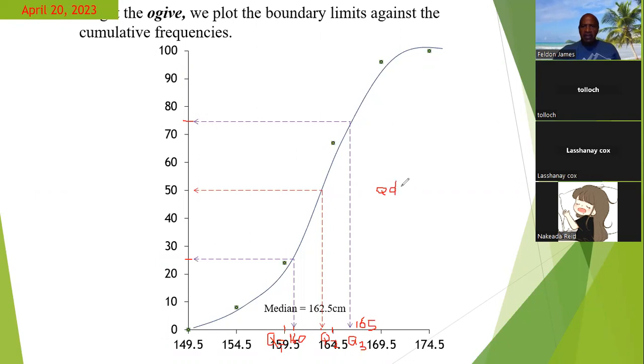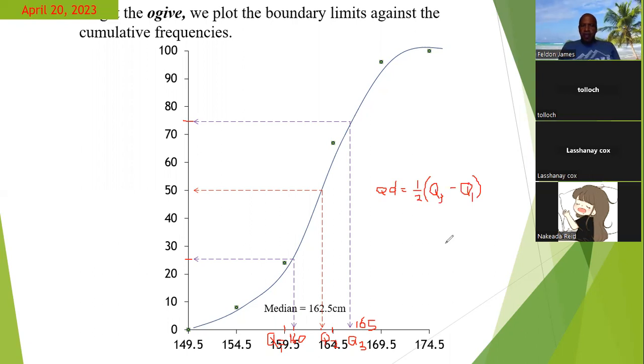Our quartile deviation has the formula half Q3 minus Q1. All right, so that's how we calculate our quartile deviation.